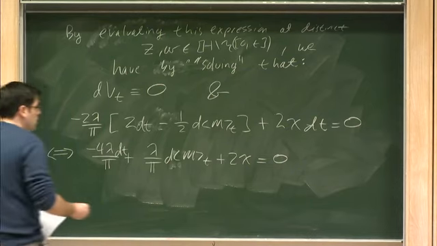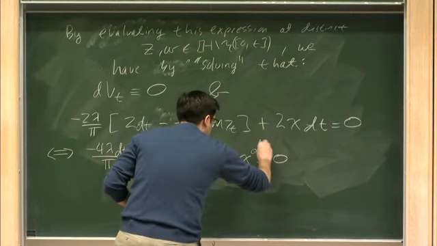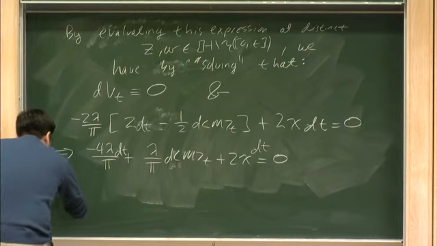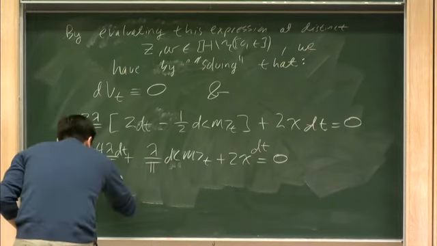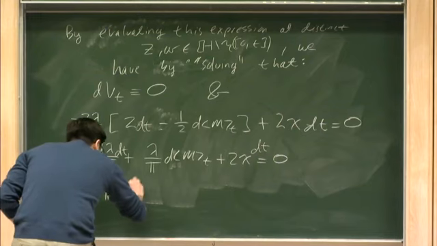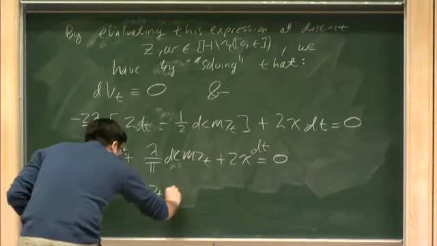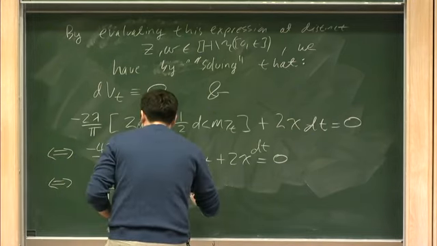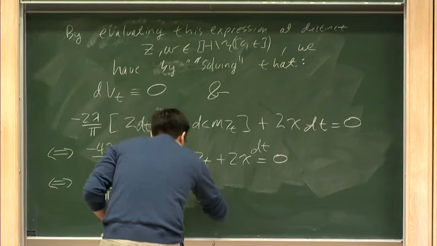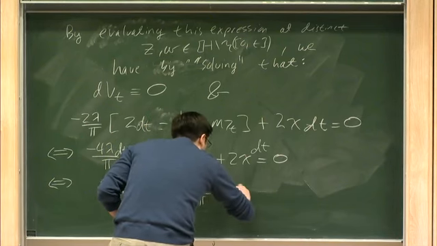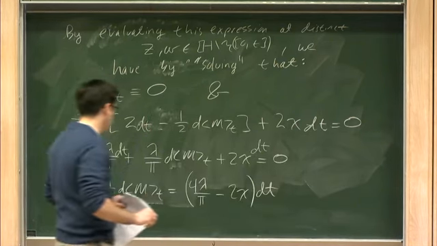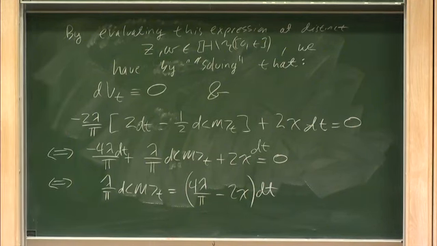And now we're just going to solve for the quadratic variation of mt. And so what do we get? We get lambda over pi dmt is equal to 4 lambda over pi minus 2 chi dt, just by rearranging the two sides.